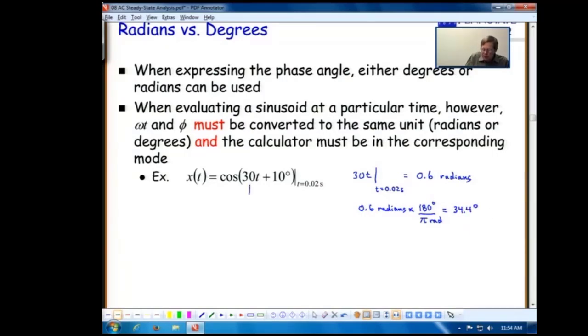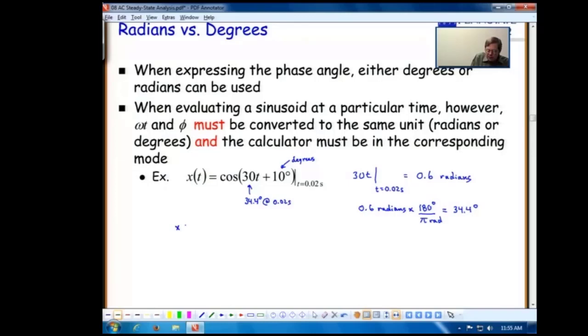Now I have something that I can plug in here. This is 34.4 degrees at 0.02 seconds, and this is 10 degrees. Both are in the same consistent set of units.